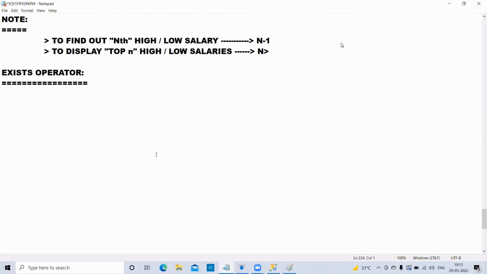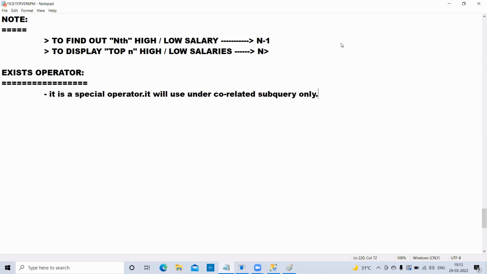The exist operator is one of the special operators we mentioned, guys. This operator will be used under correlated subqueries only. This is a very important point. Other than correlated subqueries, you can't use the exist operator in any other cases.